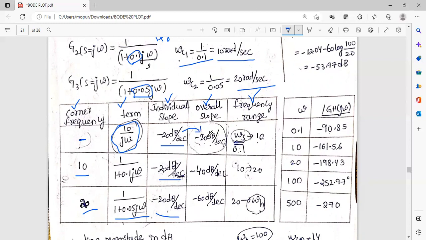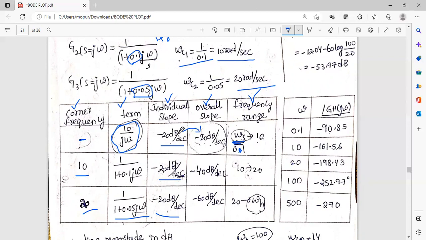And then the frequency range. See, it is starting from some frequency. We don't know, so let us assume the starting frequency is omega s. We can take that as 0.1. Let 0.1 be the starting frequency. From here till what? What is the range of frequency for which this minus 20 dB per decade is coming?